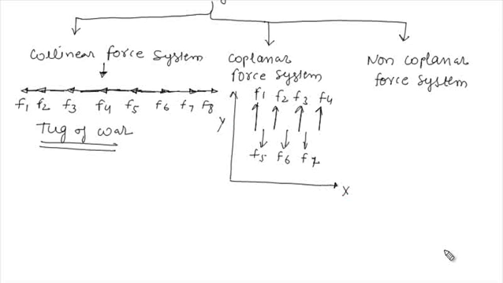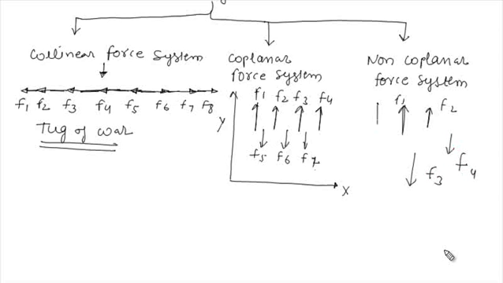So I can say that the forces from F1 to F7 are all in the same plane, so the force system is a coplanar force system. Similarly, if the lines of action of the forces are in different planes, then it is a non-coplanar force system.